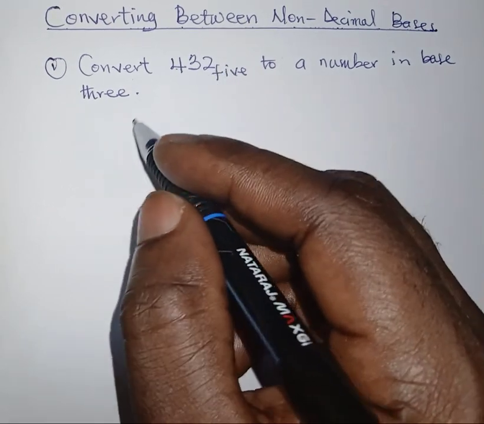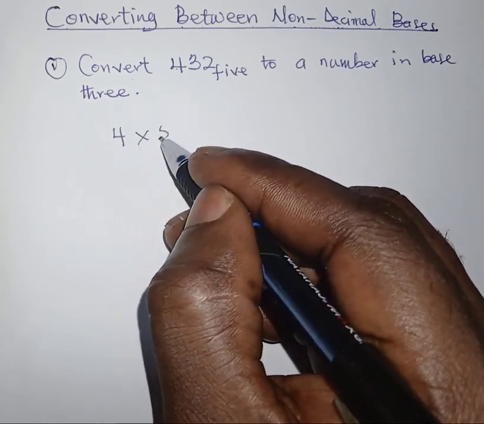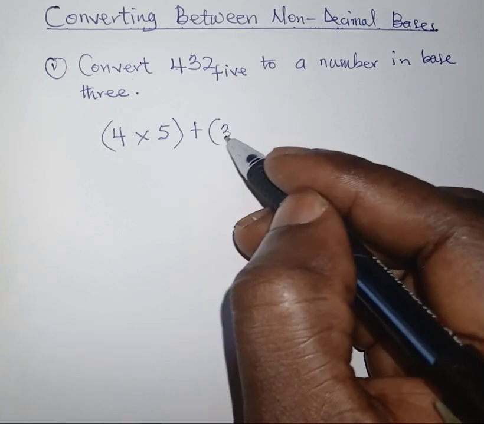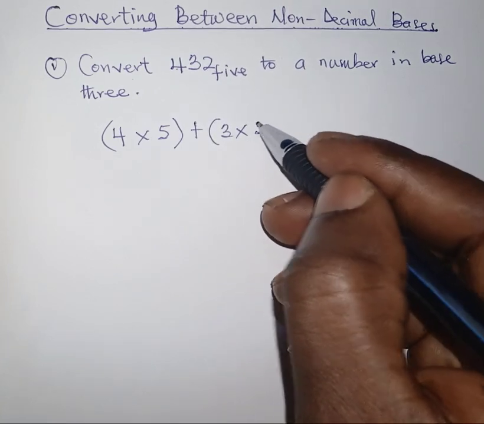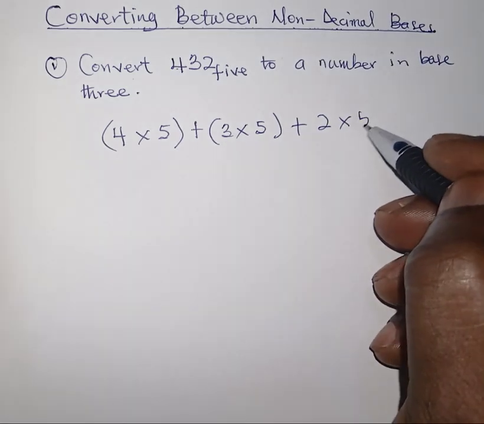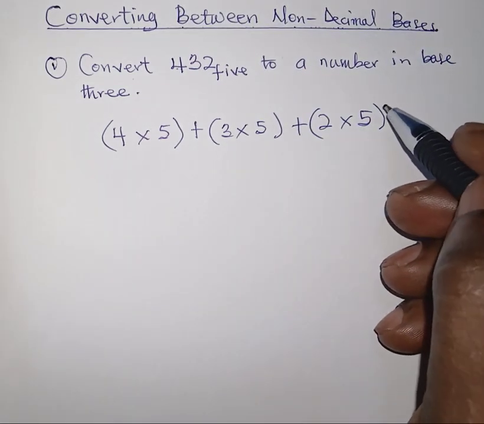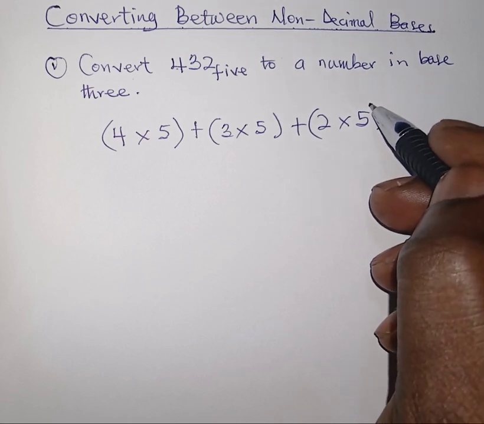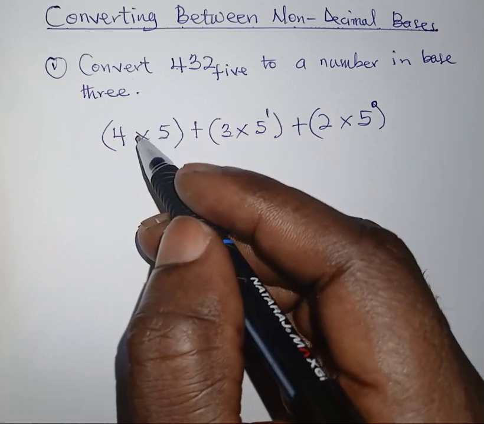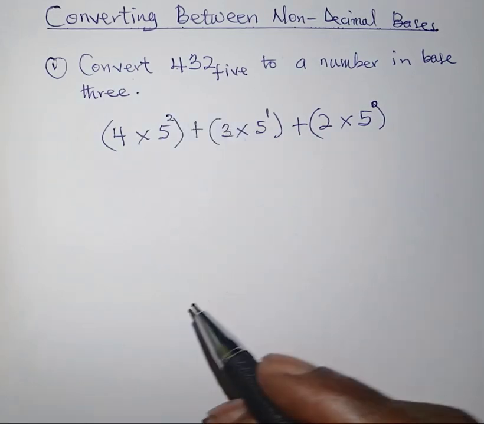It's just a matter of multiplying each number by the base: 4 multiplying 5, plus 3 multiplying 5, plus 2 multiplying 5. For my ones place value, I'll start with 0 and then continue with 1. As I'm moving to the left side, you see that the exponent will be increasing.